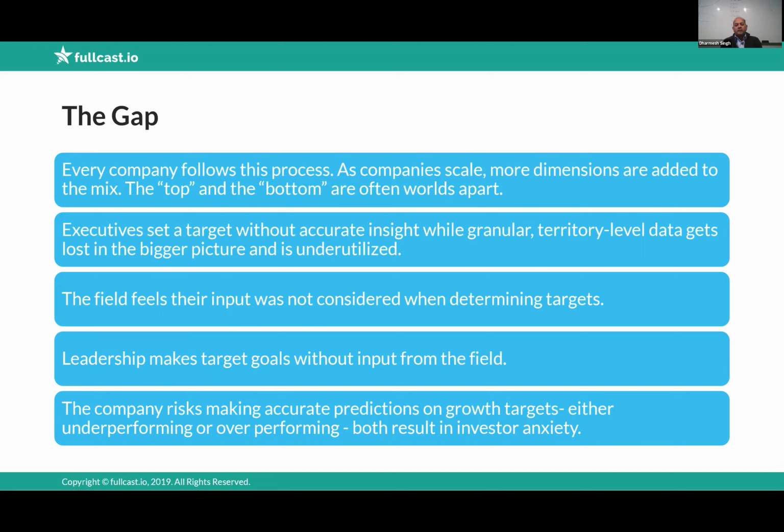All those things are areas of concern, right? If it's only top down, the field feels less empowered because they are not considered when determining targets. And as a whole, as a company, we have a risk of making inaccurate predictions, right? Either we overperform or underperform.